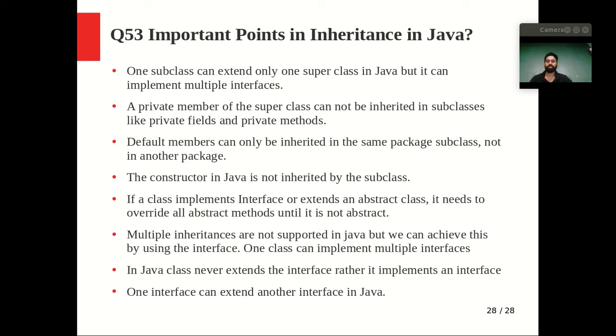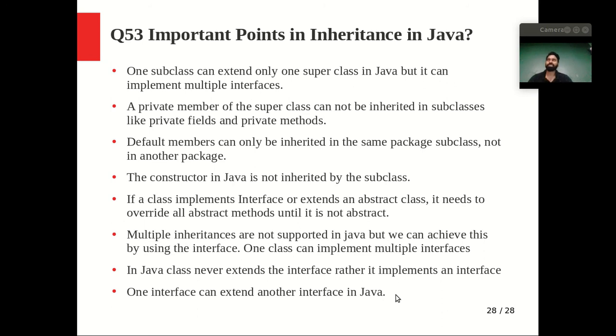The next point is that multiple inheritance is not supported in Java, but we can achieve it by using interfaces. One class can implement multiple interfaces, right? The next point: in Java, a class never extends an interface, rather it implements an interface. One interface can extend another interface, but a class can never extend an interface.